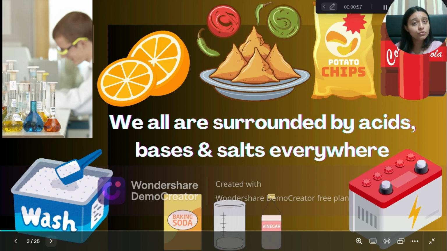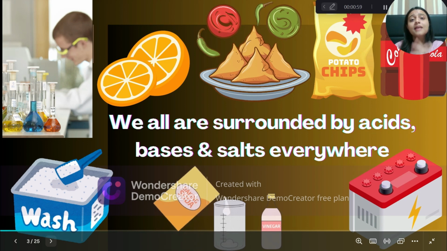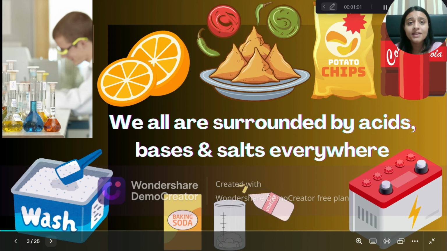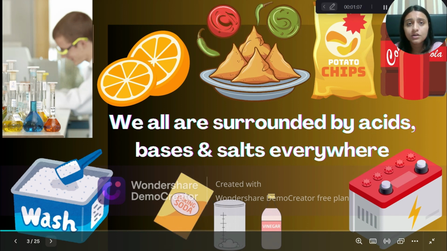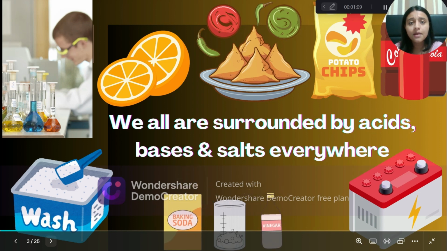We are going to unfold what is acid, what are their properties and characteristics, followed by the bases, their properties and characteristics, and about salts. We will see them one by one.